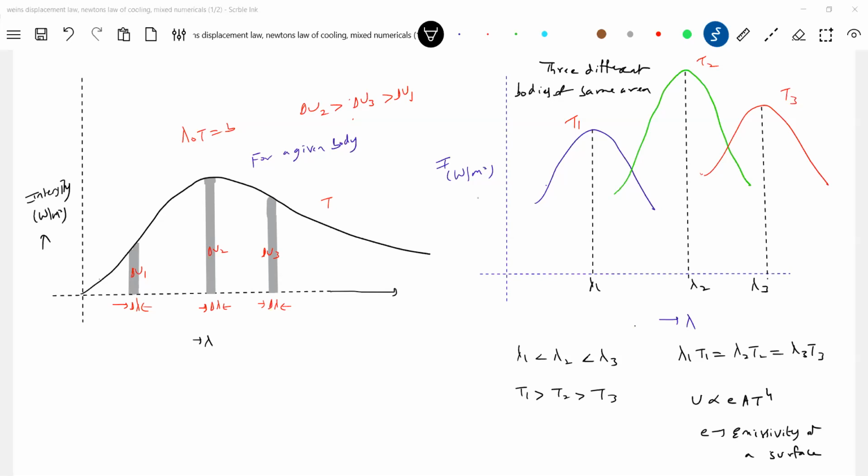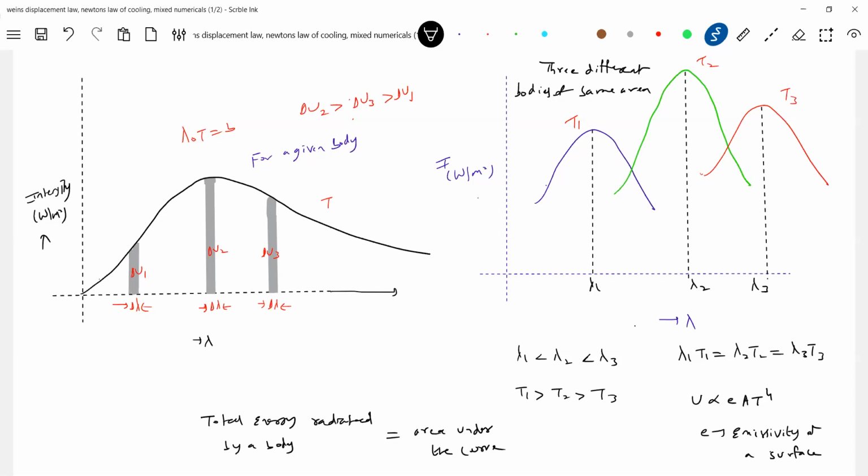Can you say anything about the area under the curve, what it is equal to? Total energy radiated by a body. I'll write it here: the total energy radiated by a body is equal to the area under the curve.